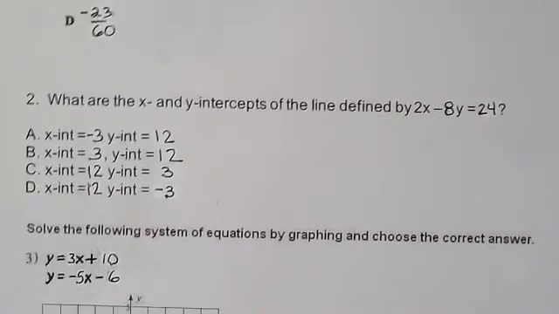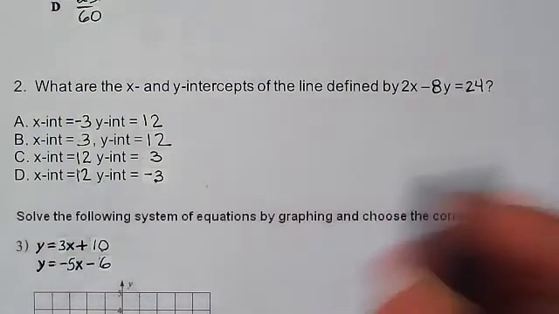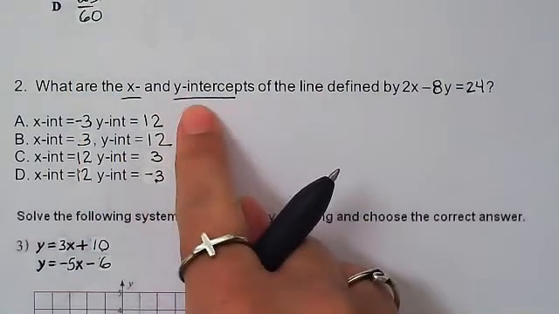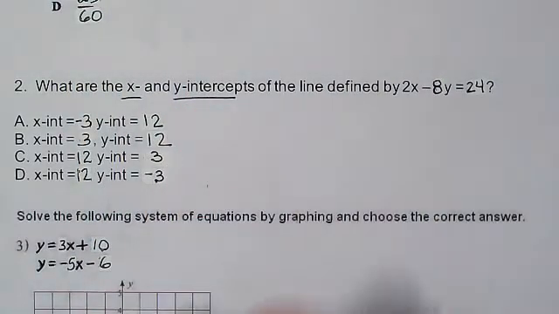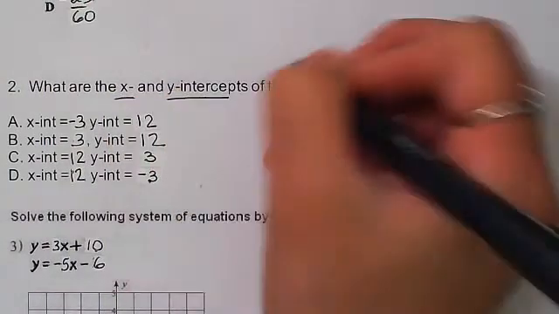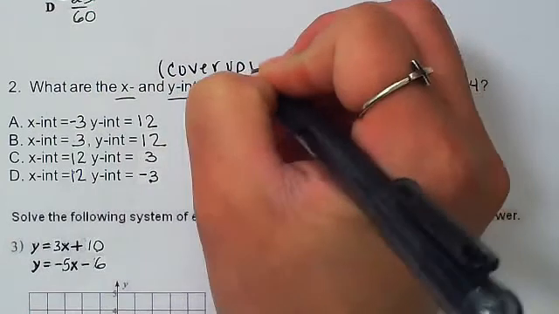Okay. Number 2. What are the x and y intercepts of the line defined by 2x minus 8y equals 24? X and y intercepts, that was actually the only good thing about having something written in standard form, that you can find the x and y intercepts using the cover-up method.